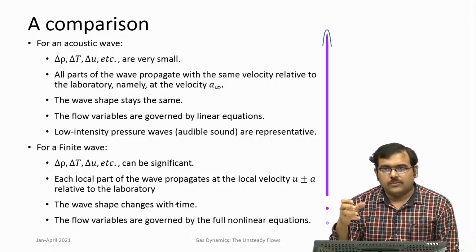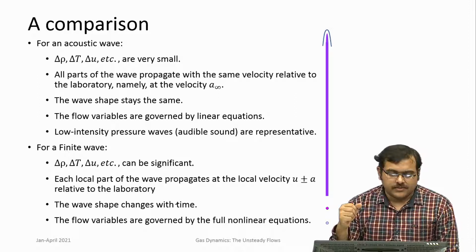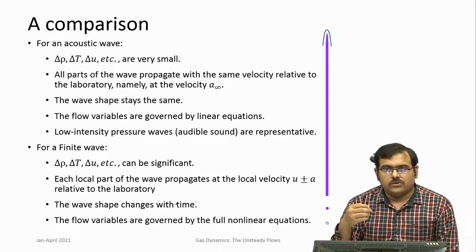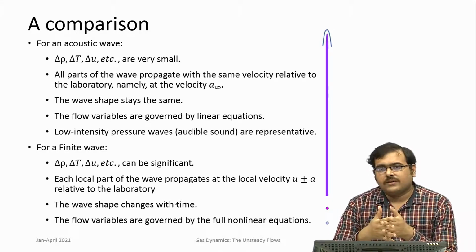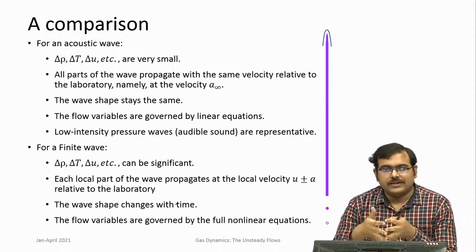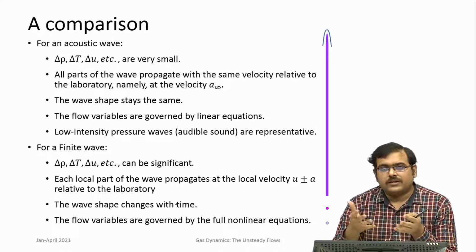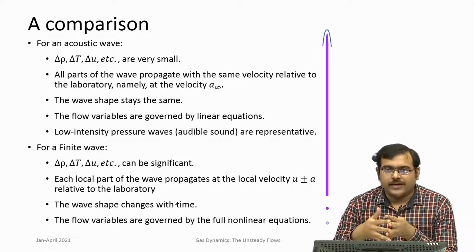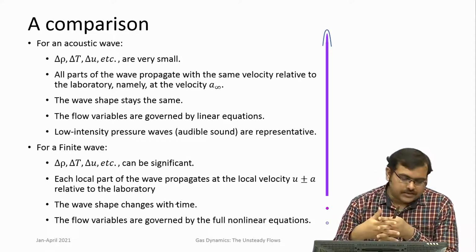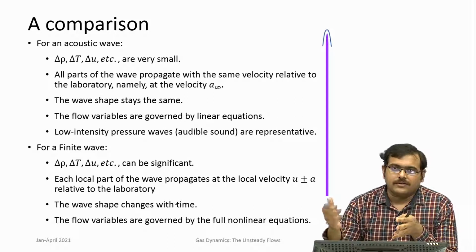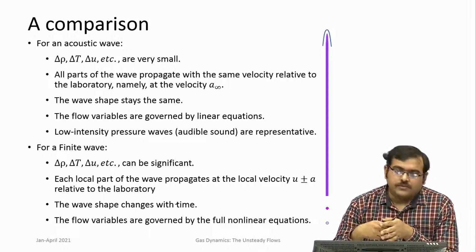But if you come to finite disturbances, then the change is quite significant. These waves do not travel all the time with the velocity a infinity. They travel with propagation speeds u plus a or u minus a, and it can vary in space as well as at different instants of time.